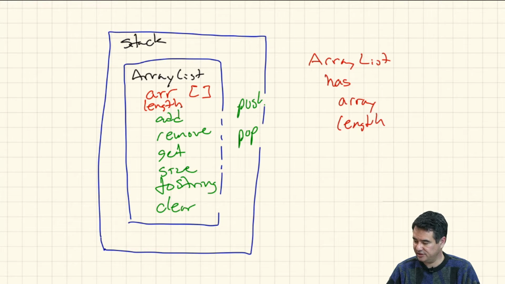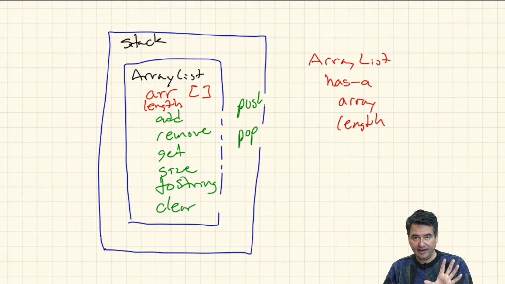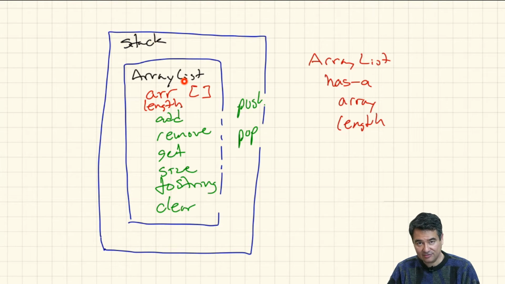So this relationship is not an is a relationship. This is called a has a relationship. An array list has an array and a length inside of it. By extension, the stack has an array list inside of it and provides these methods.